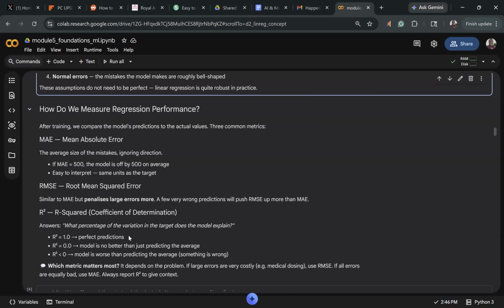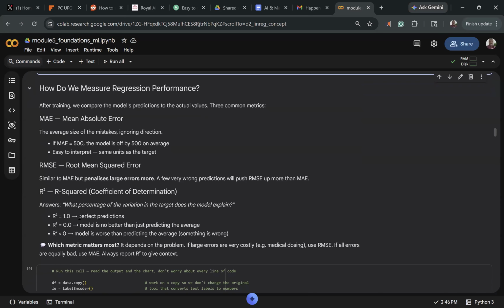I think that's one of the best evaluation methods to use for linear regression because it tells you how well our model is performing. When your R squared is 1.0, that means we are overfitting, because the model is predicting all of it perfectly.